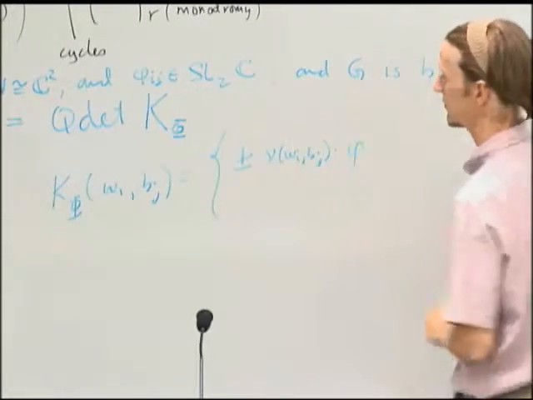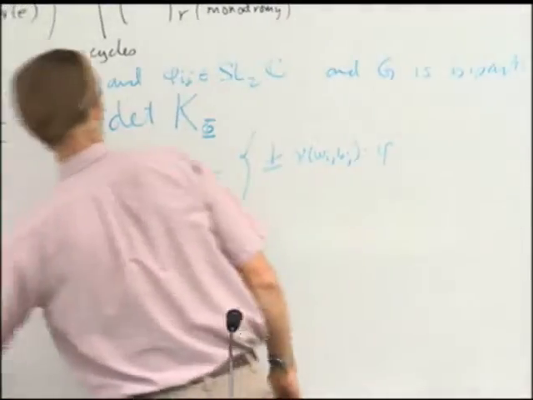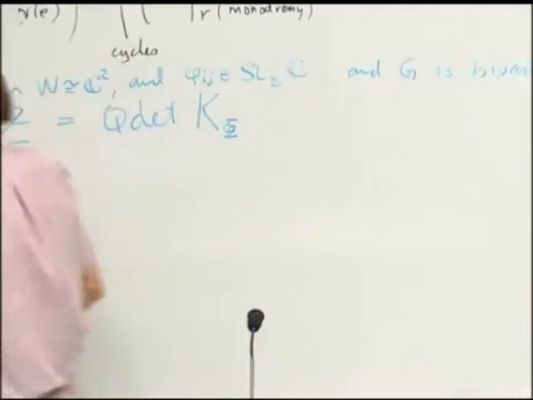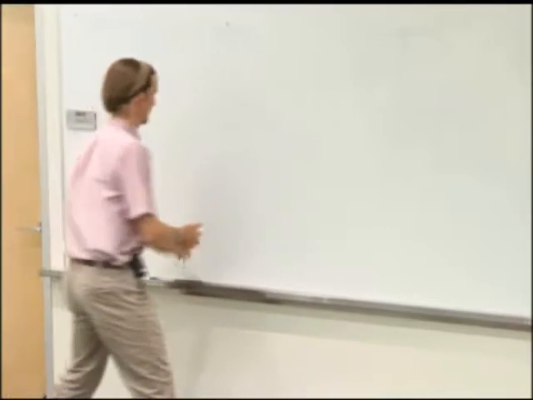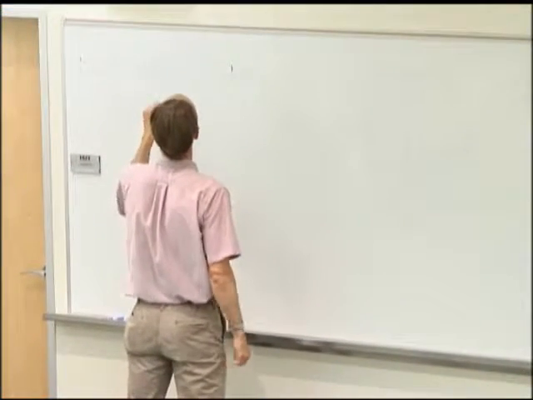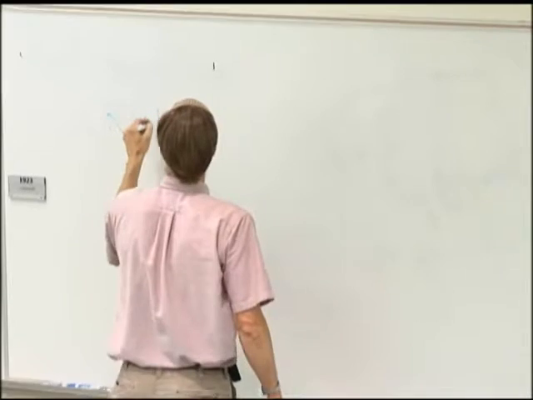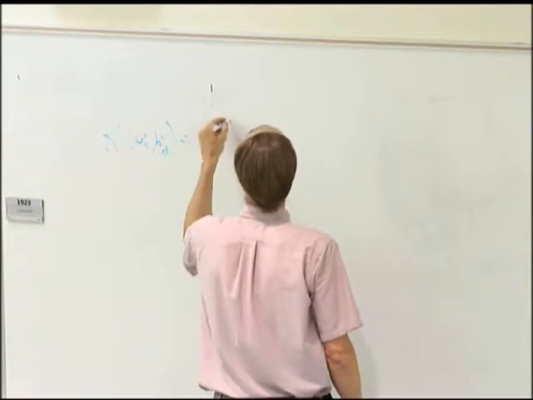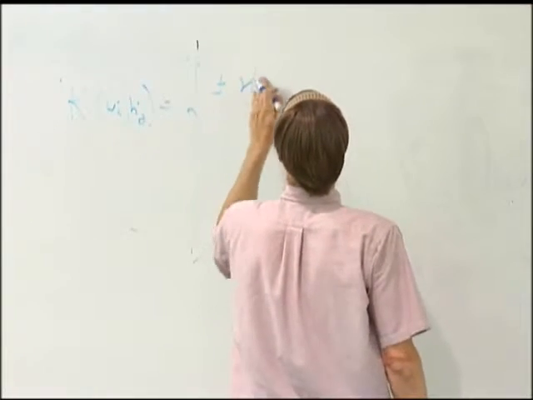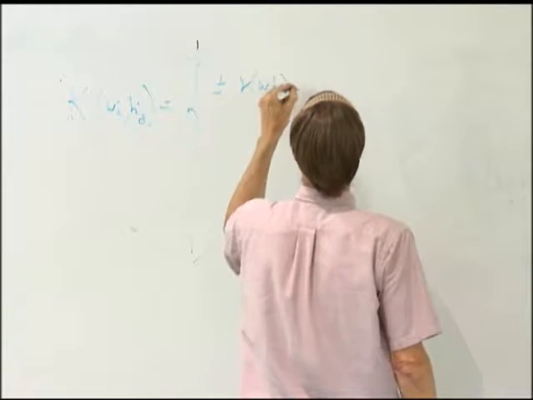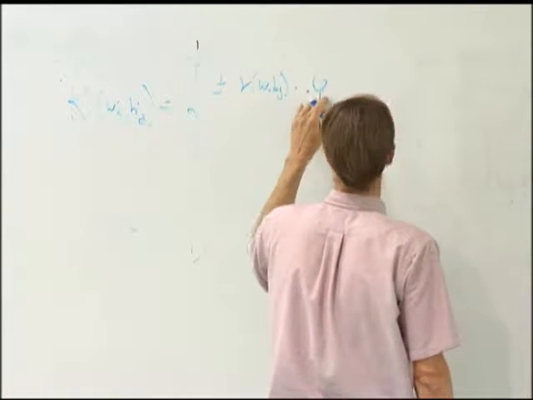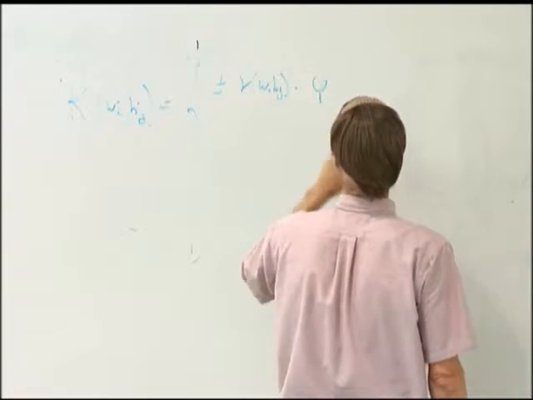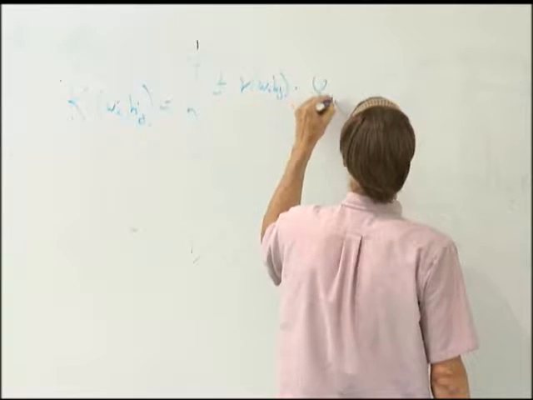I'll do it over here. So K of Wij is going to be plus or minus the edge weight times the parallel transport from i to j.